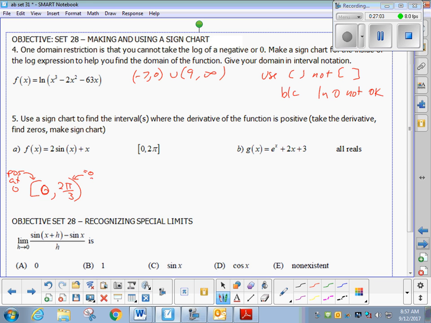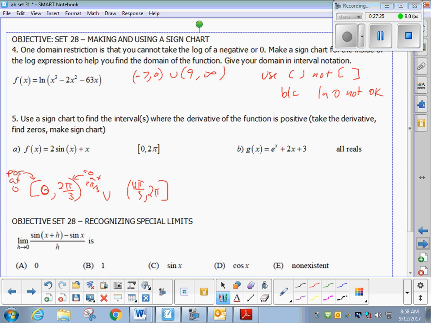It equals 0 at 2 pi over 3. 0 is not positive, so you would not include it. And, or, the interval from 4 pi over 3 to 2 pi. I had the hardest time with endpoints for those grades. I miss points on those all the time on tests.